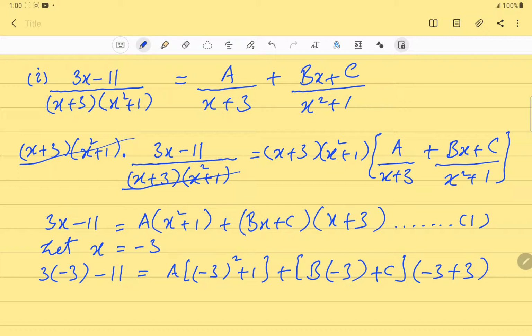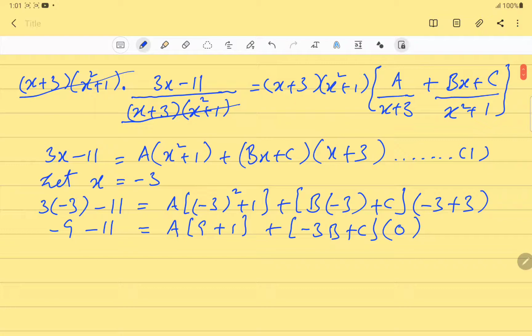3 multiplied by minus 3 is minus 9. So minus 9 minus 11 equals a into (9 + 1) plus (minus 3b plus c) into 0.